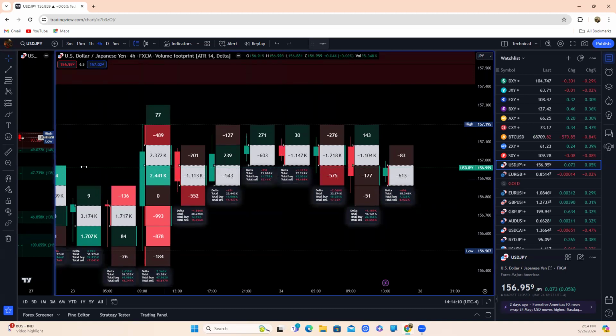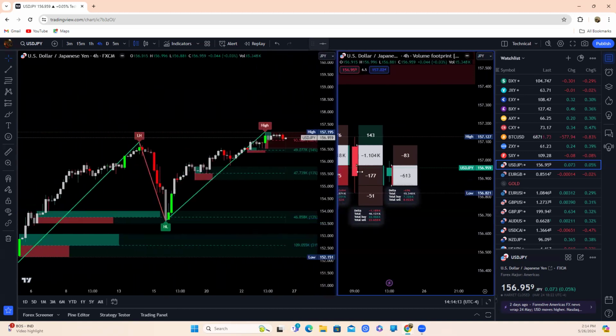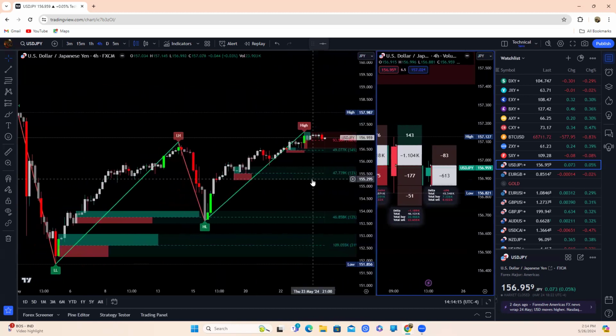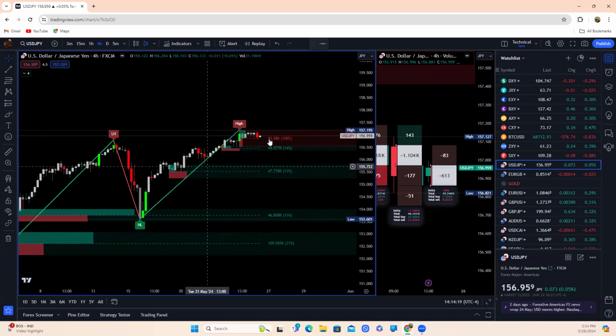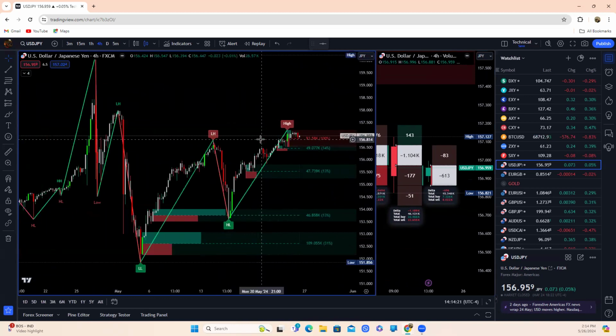Now, this doesn't mean we have turned back bearish just yet on this chart. Many would say this could be a possible liquidity grab on the 4-hour chart. Let's take a look at the daily and see what the daily is talking about.